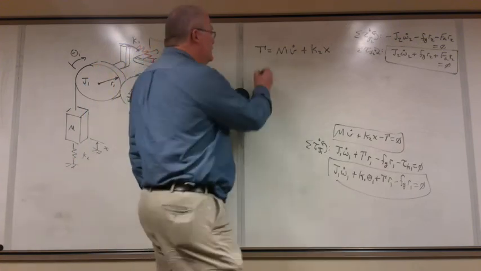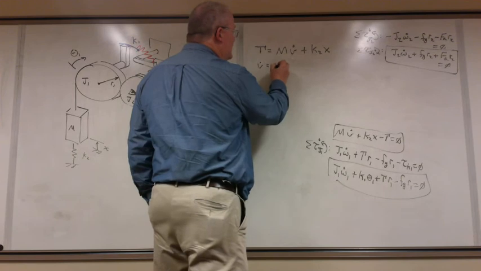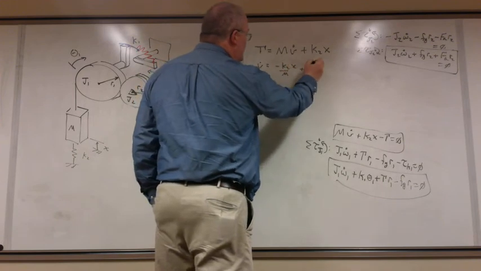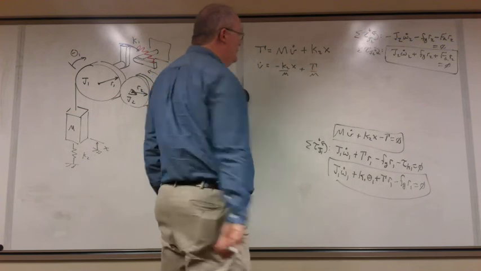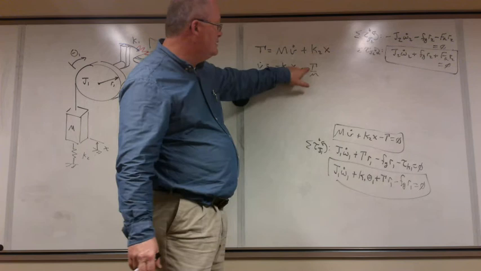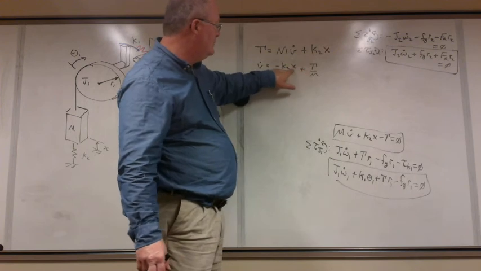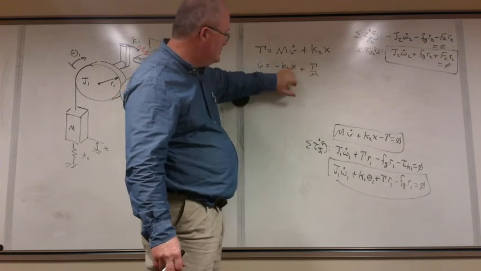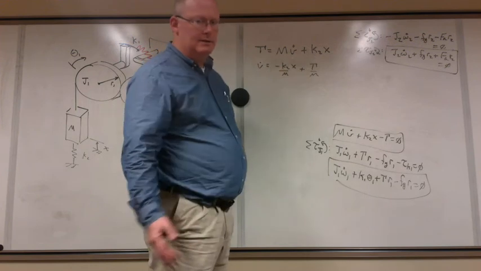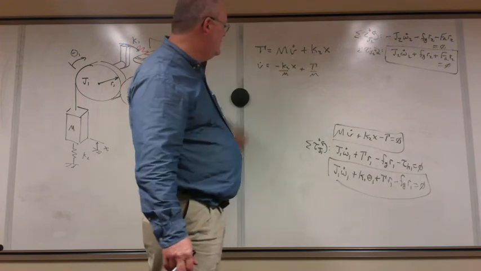You could solve for v dot equal to negative k2 x over m plus T over m. So the acceleration is equal to the tension in that cable and the position of the mass at that instant in time, because that position defines how much the spring force is. So that's how we could solve for the motion of that mass.